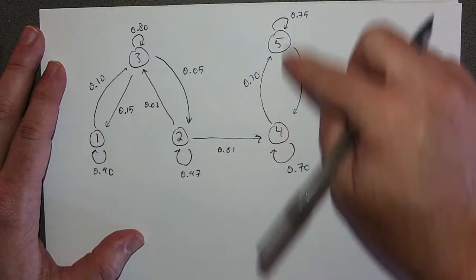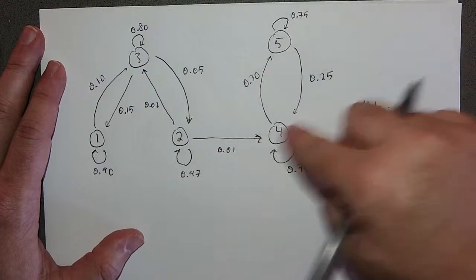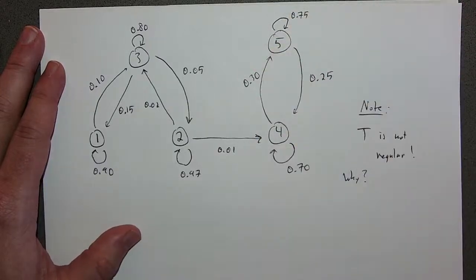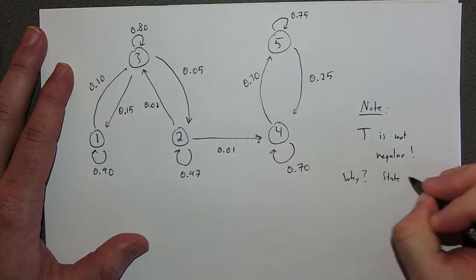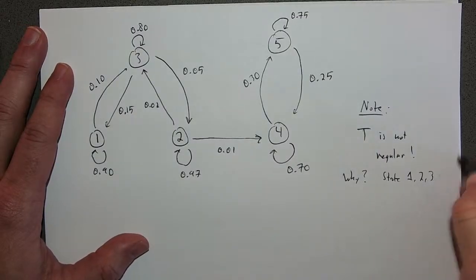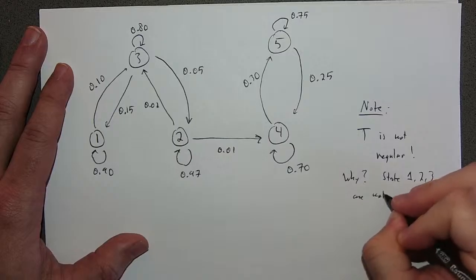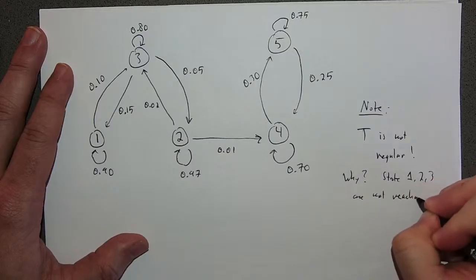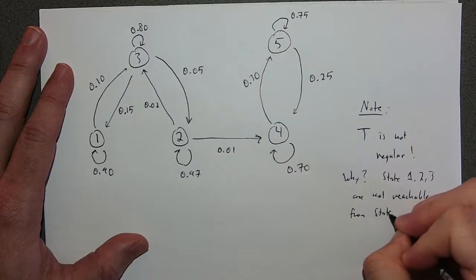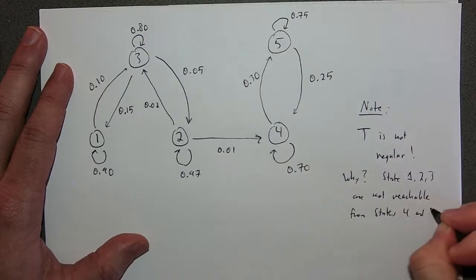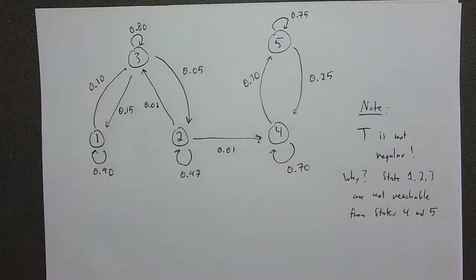Simultaneously, if I'm in states 4 or 5, I remain in this part of the diagram forever. I can never reach 1, 2, or 3. So states 1, 2, 3 are not reachable from states 4 and 5.